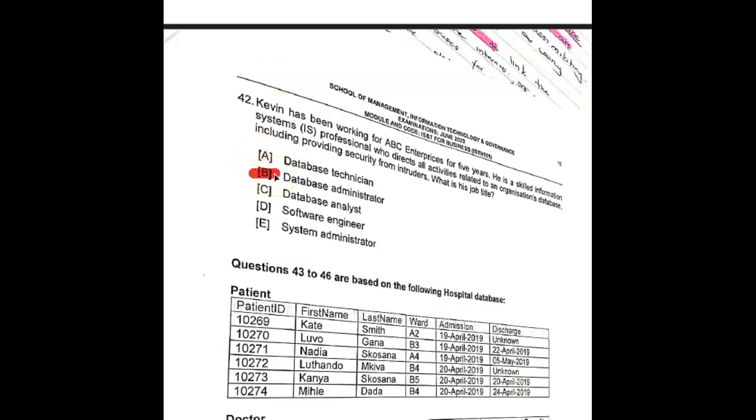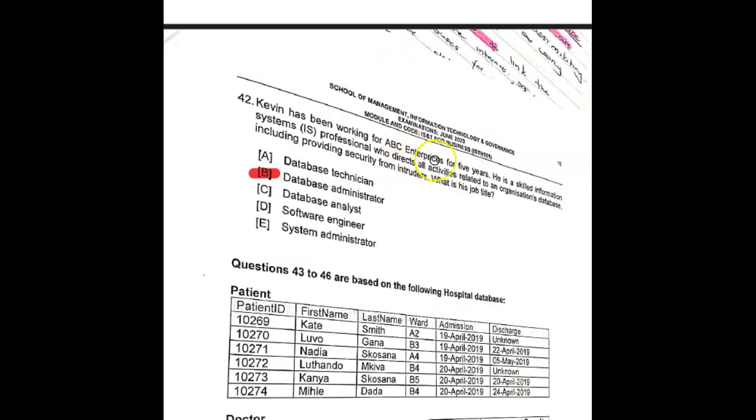If they tell you anything about designing the database, doing something in a database, that's a database analyst, right? That's not database analysis. Database, what is it called again? I forgot what it's called again, but yeah. Okay, no, wait, what I'm saying, the database administrator is concerned directly with the thing, because he's also providing security from intruders.